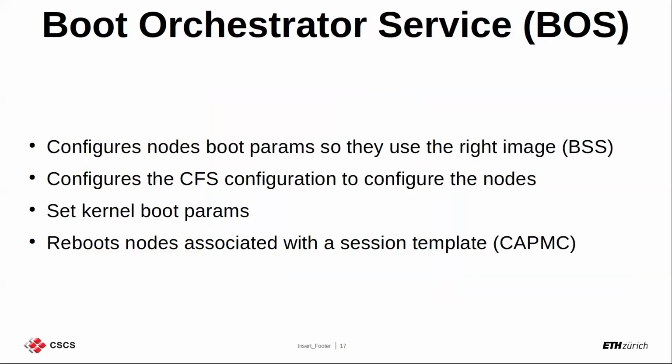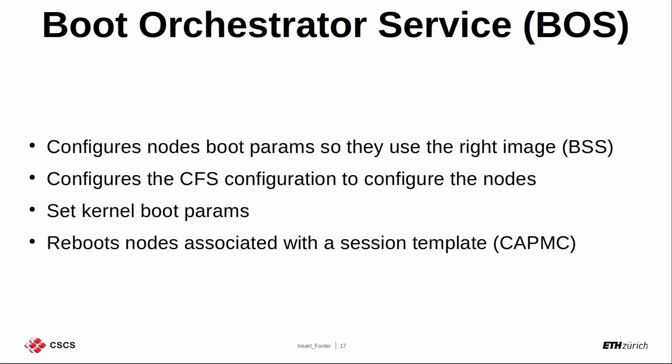Now, boss. So you have your configuration, you have your image, and you also have the configuration to configure the nodes. Now you need your cluster to have the shape you want. One way to do this is to use the boot orchestration service.